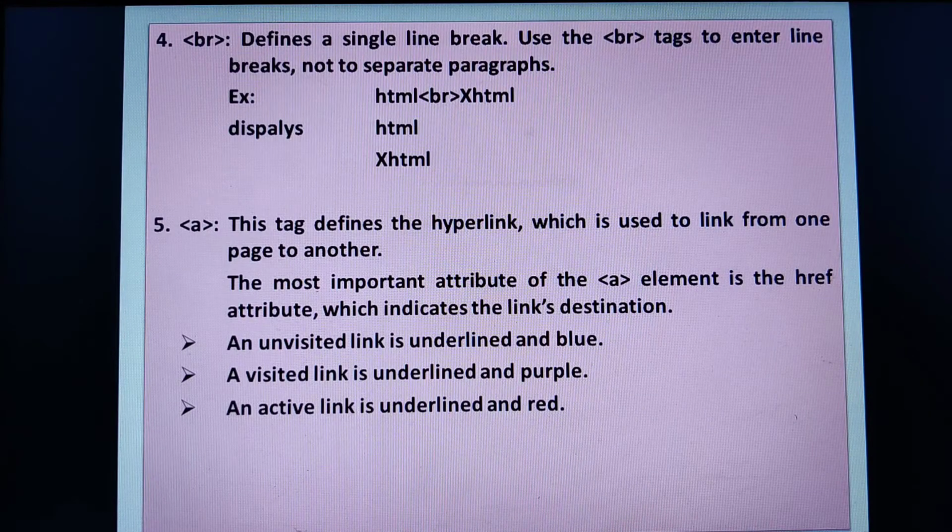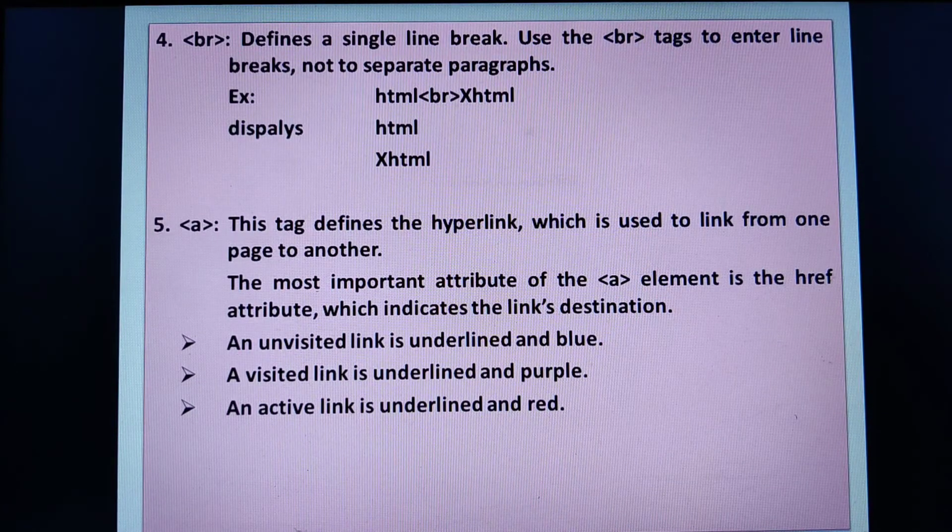So we have different kinds of hyperlinks. Suppose there is an unvisited link. Unvisited in the sense, when you are opening Chrome and searching for particular information, it may give almost around 5 to 10 different websites. If you haven't visited any of the websites, then that link will be blue in color.